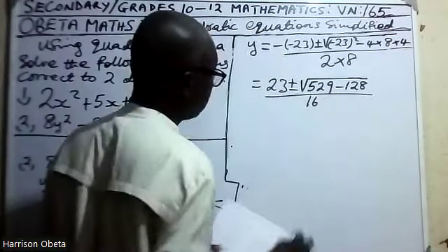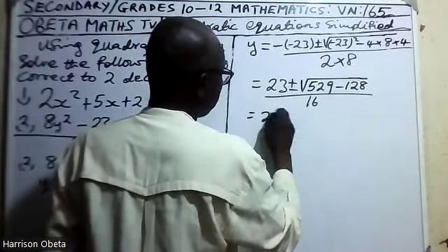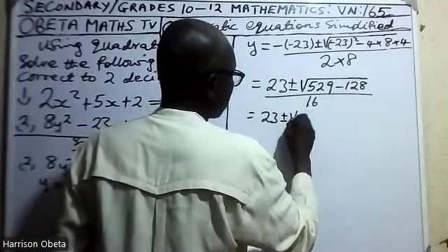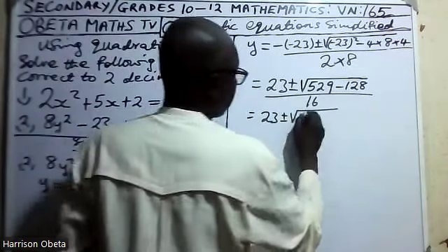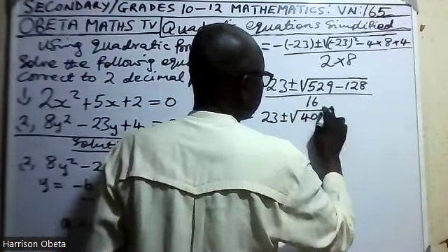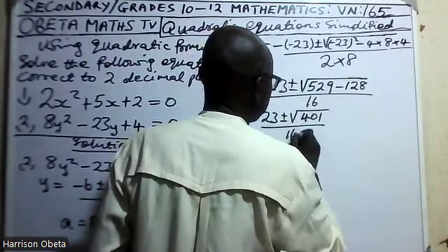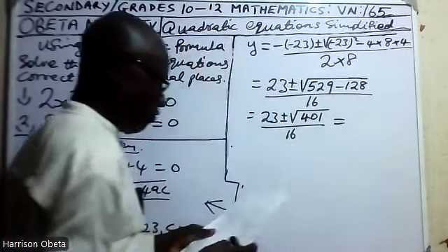So if you move on, that will give us 23 plus or minus square root of, to carry out the subtraction, you have 401, all over 16.